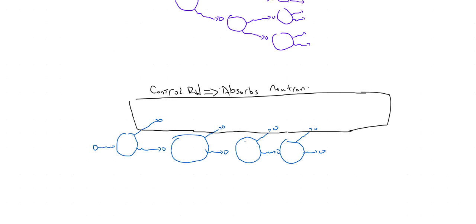Okay? And the control rods are usually made of heavy metals, cadmium, like you find in batteries, and boron. So again, the test question: control rods are made of cadmium, boron, and they absorb neutrons.